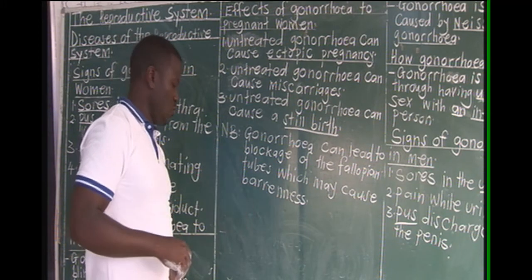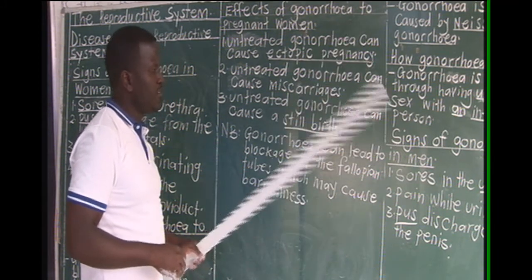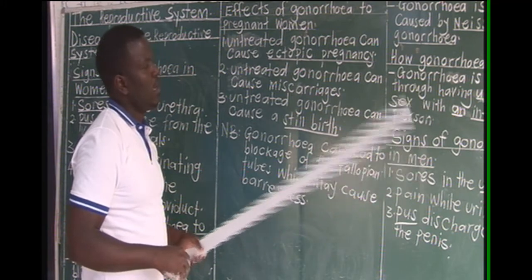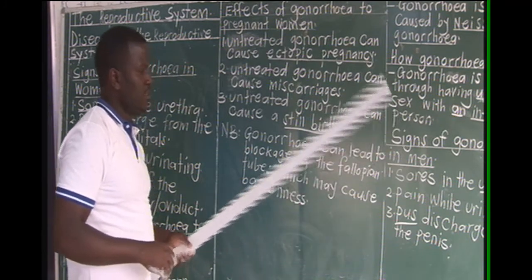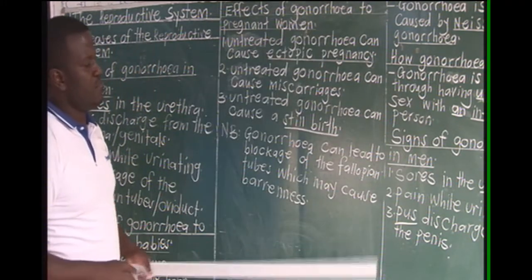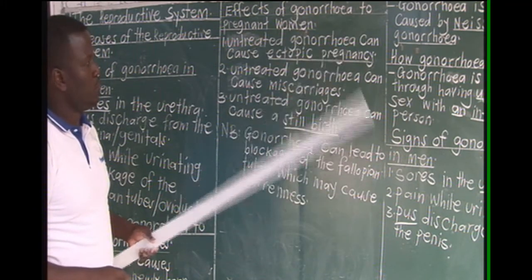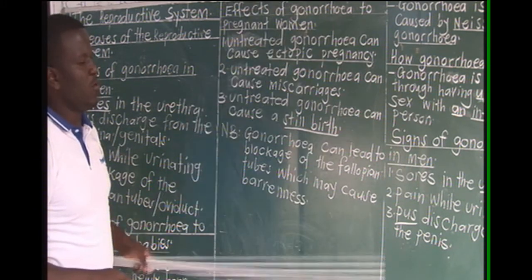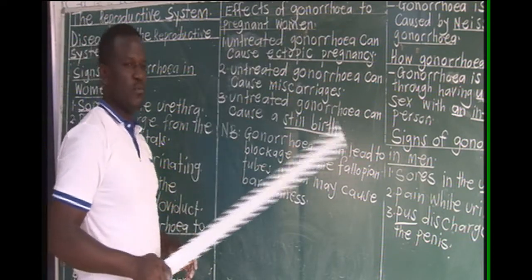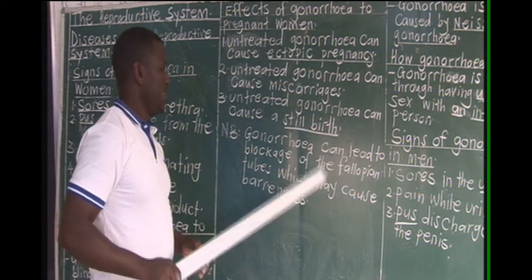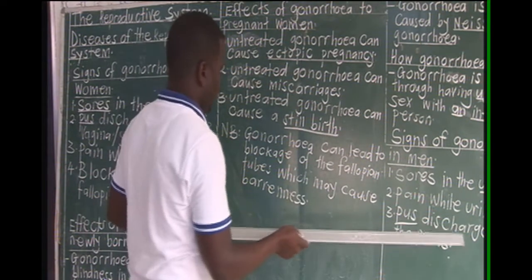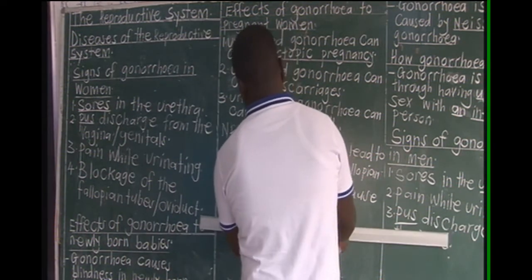Next we look at how to control gonorrhea. We've looked at the cause, how gonorrhea is spread, signs of gonorrhea in both men and women, and effects of gonorrhea to pregnant women, to women who are not pregnant, and to newly born babies. Then next we look at how to control gonorrhea. How can gonorrhea be controlled?